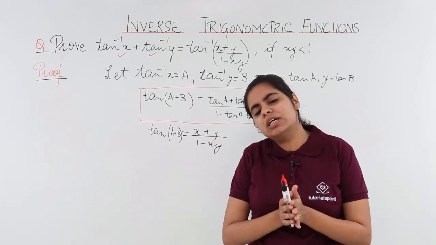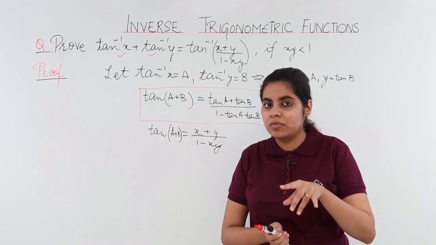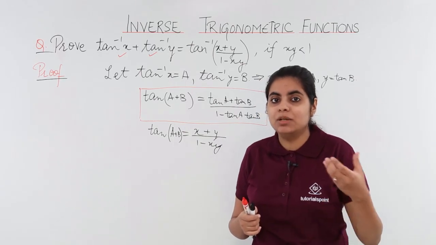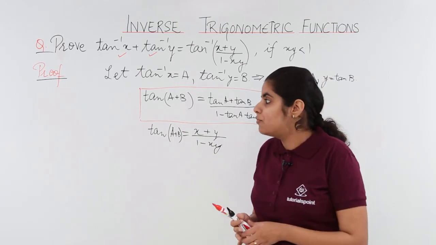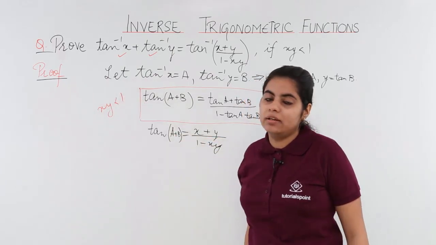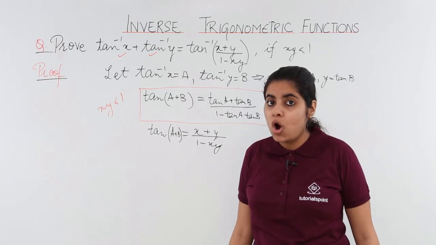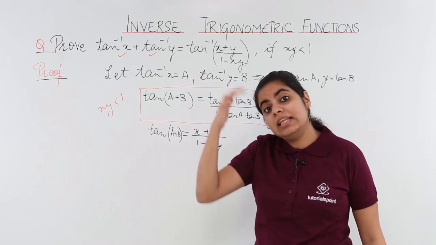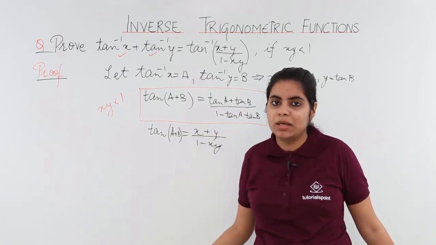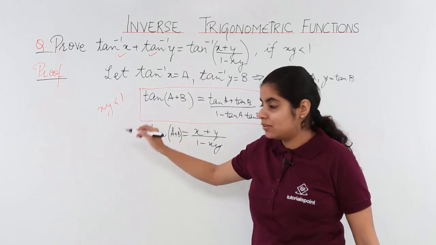Either one is negative and one is positive, because then xy will be less than 1. Or they are fractional values, say 1 by 2 and 1 by 3, so it becomes 1 by 6, again less than 1. So, xy less than 1 can have three cases.